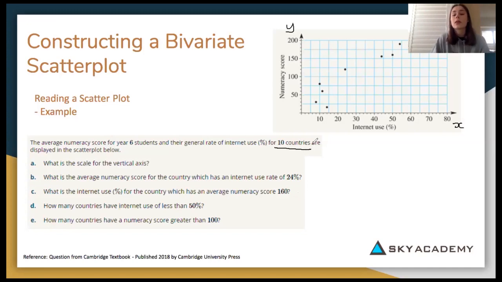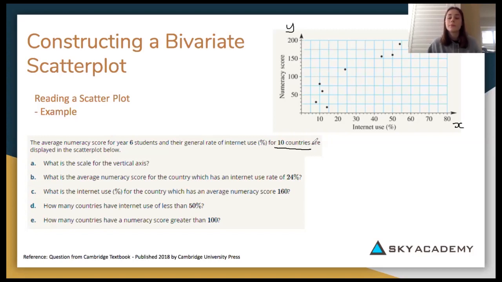So if we are looking at a relationship between internet use and numeracy score for countries, a country that might have, like Australia, lots of internet use, kids might have access to lots of resources on the internet, lots of YouTube videos, lots of mathematic booklets on numeracy, so on fractions, on long division, for example.